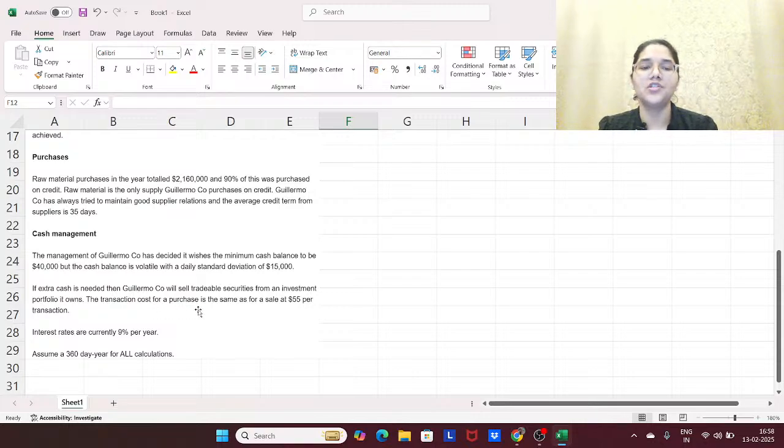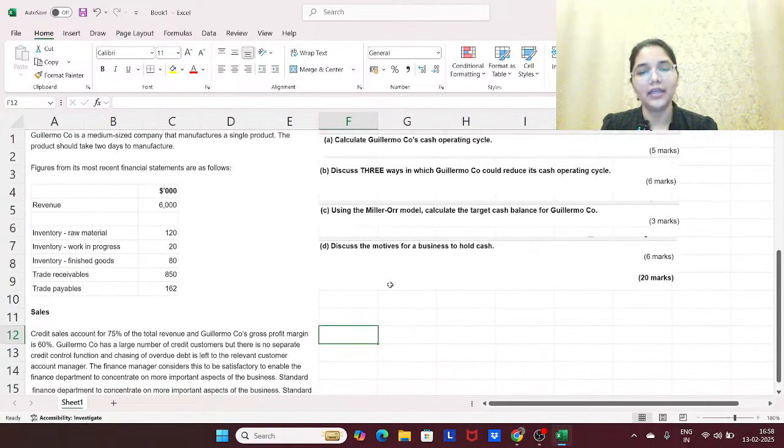Transaction cost for a purchase is the same as that for a sale. So this is the given assumption that we need if we have to apply the Miller-Orr model. So it's good that it's holding true for them. $55 per transaction is the transaction cost. Interest rates are given to you in annual terms at 9% per year, and you have to assume a 360-day year for all of your calculations.